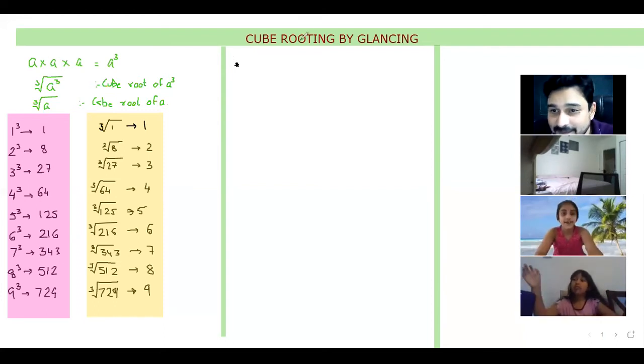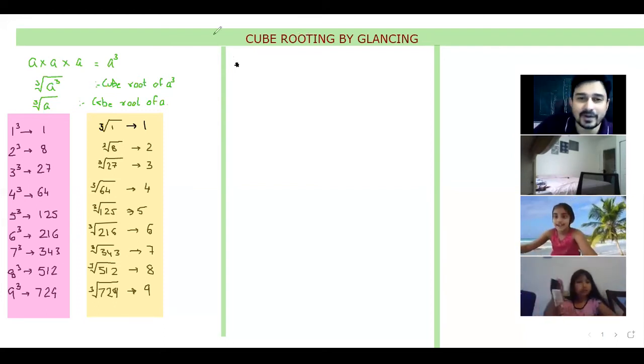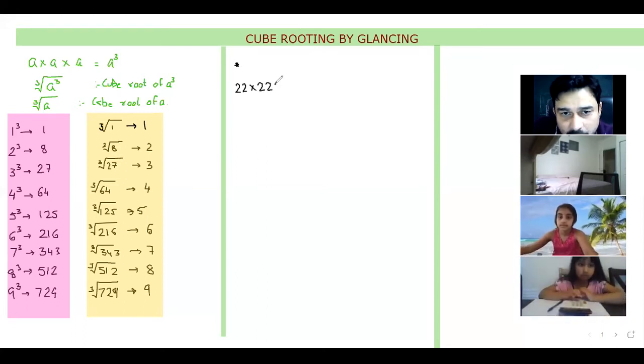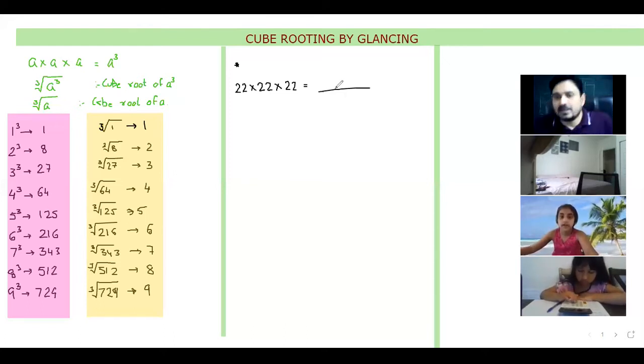What you have to do is multiply a 2-digit number 3 times. For example, if you take 22, then multiply 22 into 22 into 22 on your calculator quickly and tell me the result. You can take any 2-digit number.